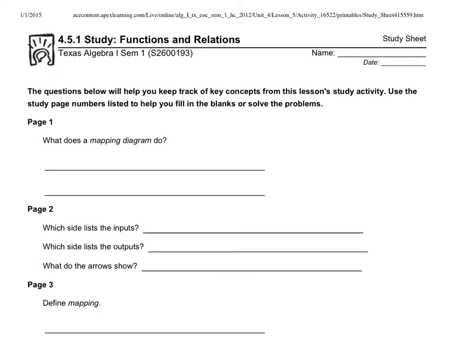So continuing with functions and relations, it's important to understand what they look like when you start graphing and working with tables and stuff like that. So we're going to first talk about a mapping diagram.